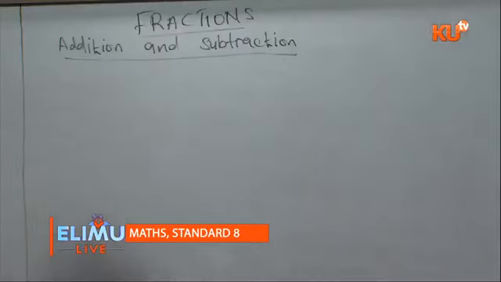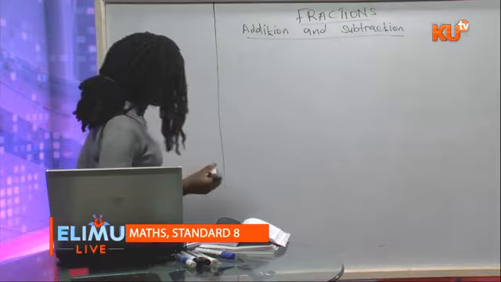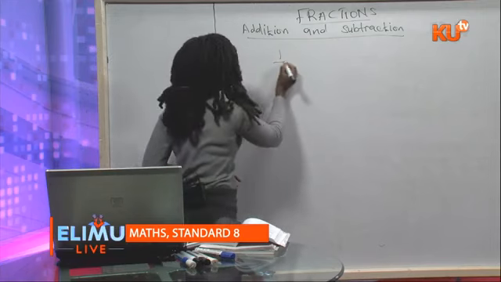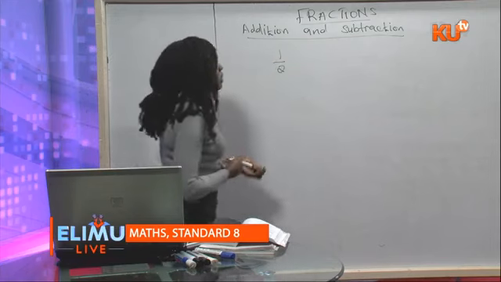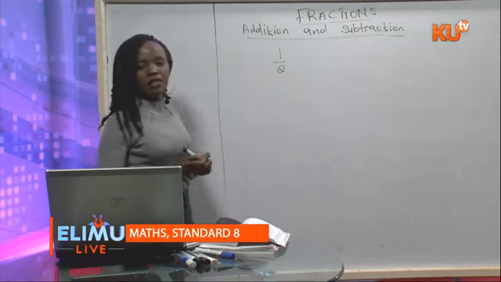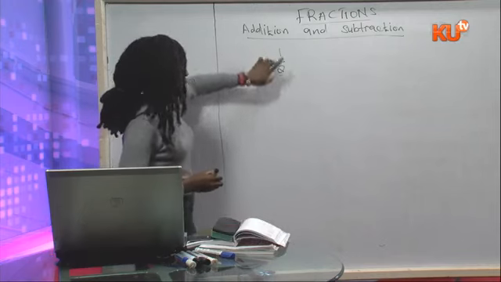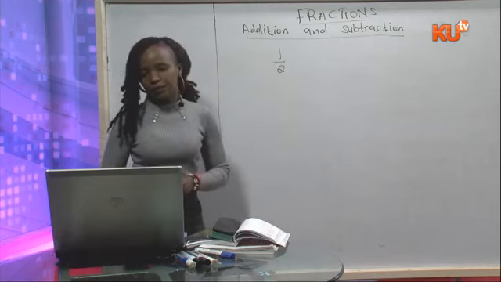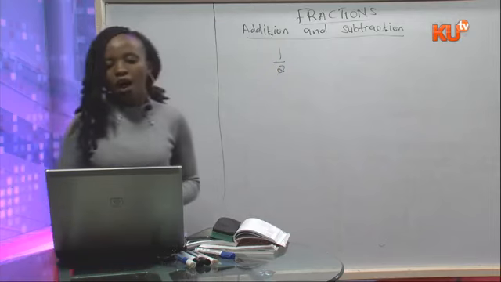So I was defining fraction, and I've said that a fraction is part of a whole number. It is made up of the numerator and the denominator. For example, a half is a fraction. That means it is one part out of two parts. That's what we call a fraction.